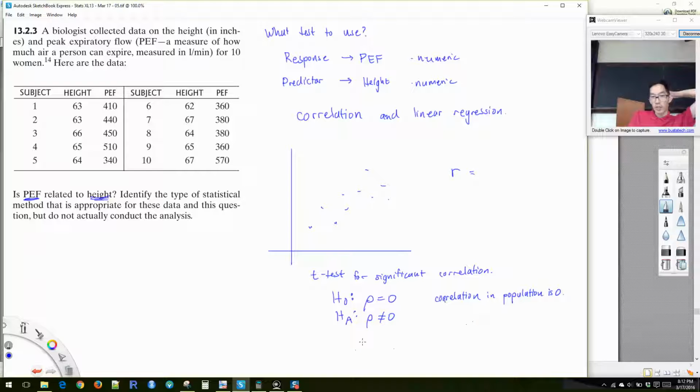And then you get the test statistic, something like r times the square root of n minus 2 over 1 minus r squared. I always forget the formula.